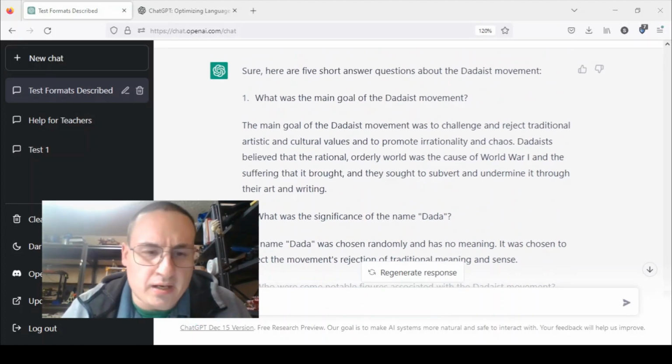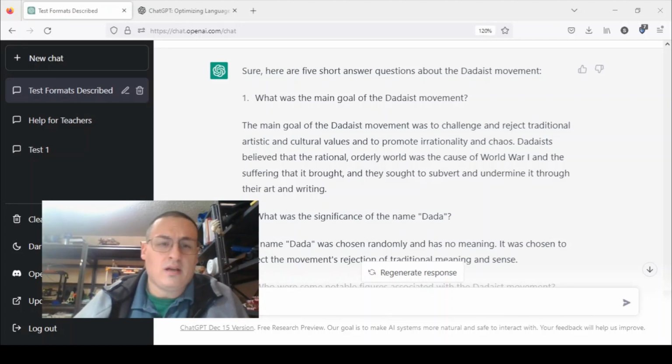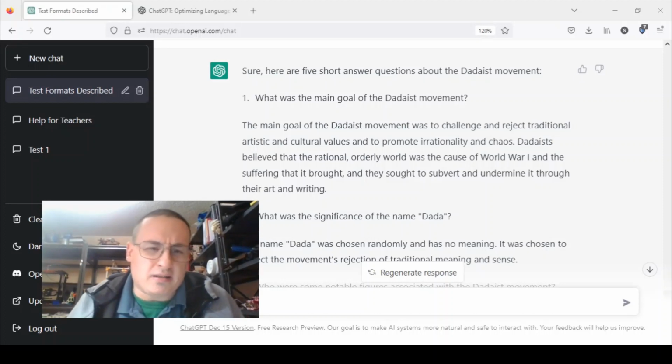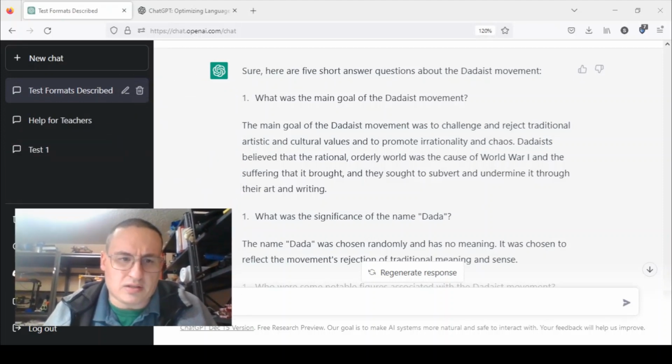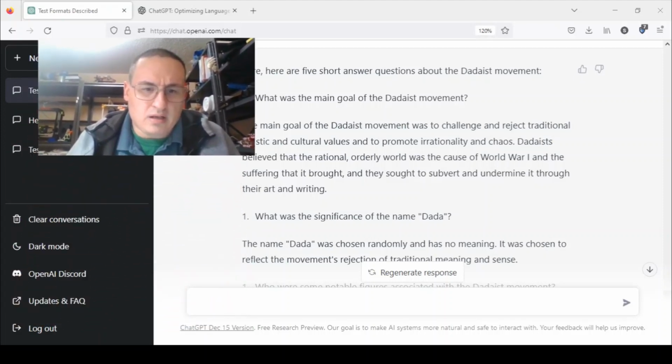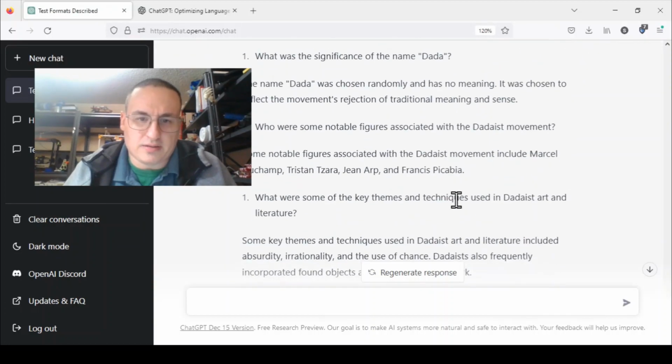Something I noticed, this again shows that the AI is imperfect when it comes to doing things like this. I don't know if I hit a Dadaist joke or some sort of meta joke on this, or if there was just honestly something within the AI on this, but it repeated the number one for all the questions.